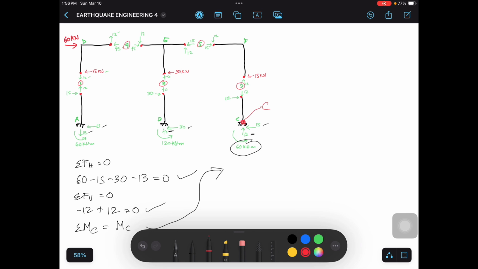Ano magpaparotate? Yung 60 clockwise, so positive 60 times ano ang height nito? 8, diba? 8. Then ano pa? Ang mga reactions, meron tayong clockwise na moment dito and dito. Counterclockwise, so negative 60, negative 120. Ano pa ang pwedeng mag-cause ng rotation? 0 ang vertical dito, dito may value, so magkakause yan ng rotation about C, diba?